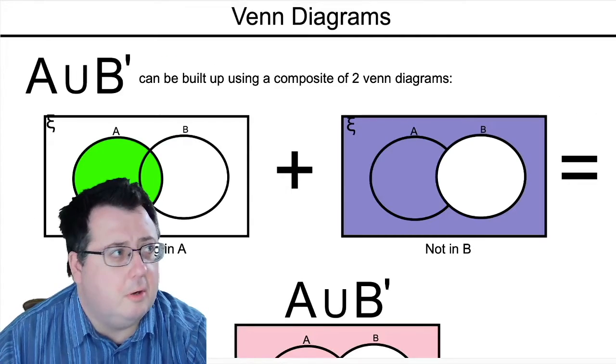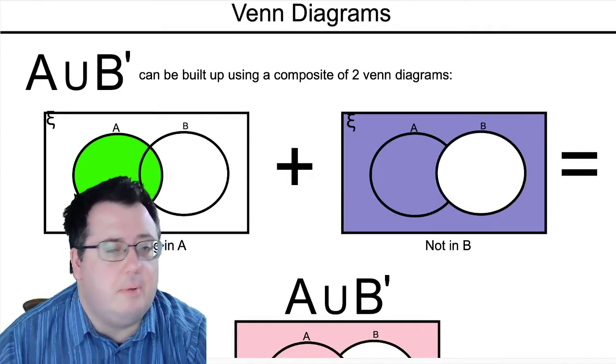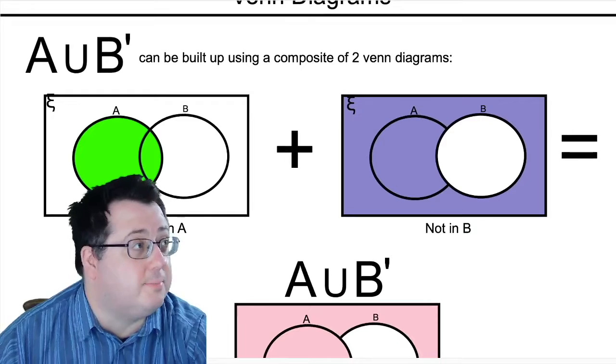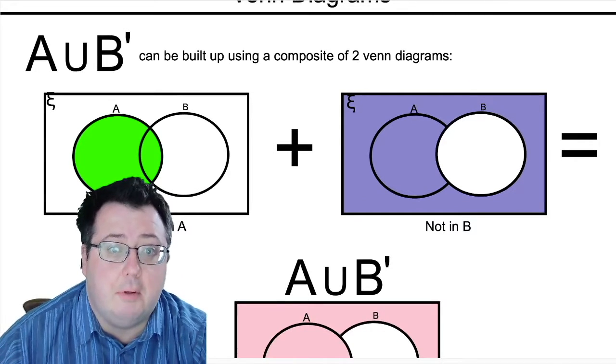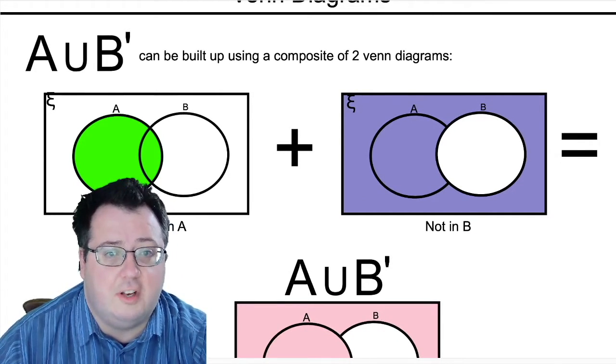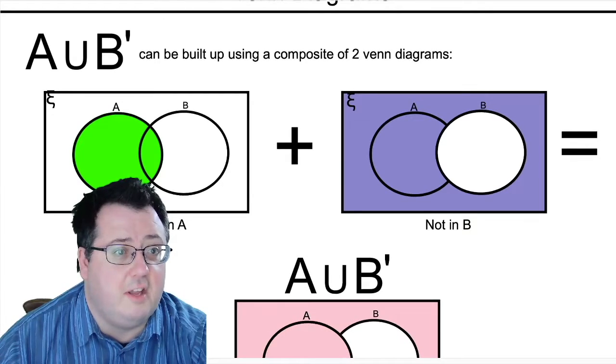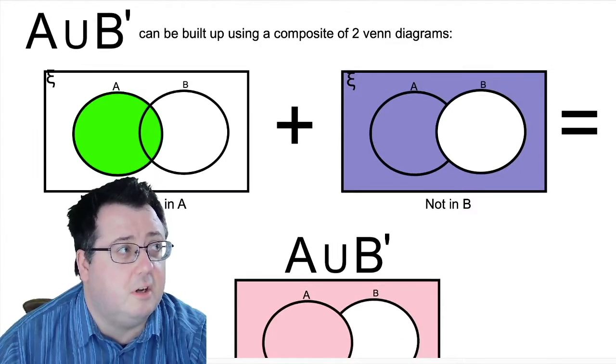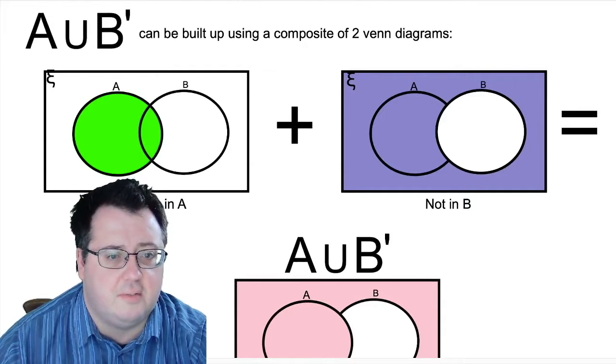Moving on, we have A union B not. Okay, now this is a composite. Well, I'm going to explain it with a composite. It can be built up using two Venn diagrams. The first one is everything inside A, which is this green circle that I explained to you first.